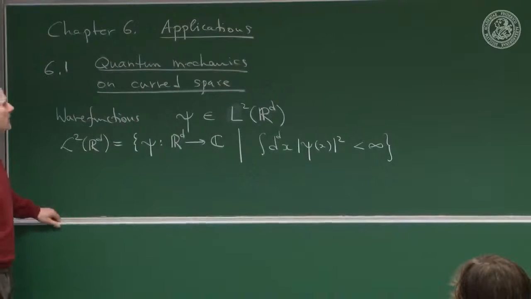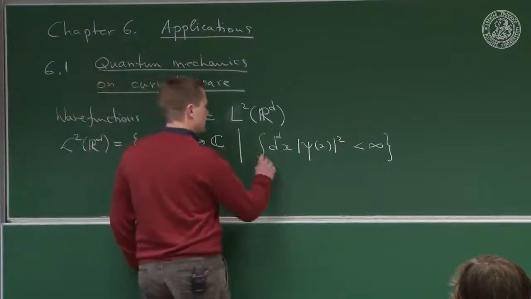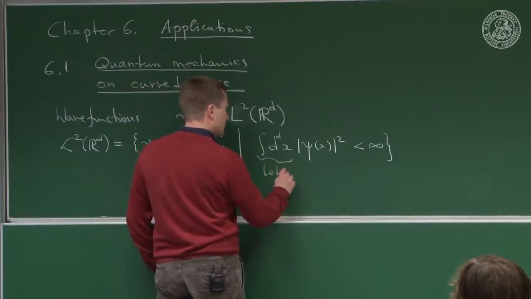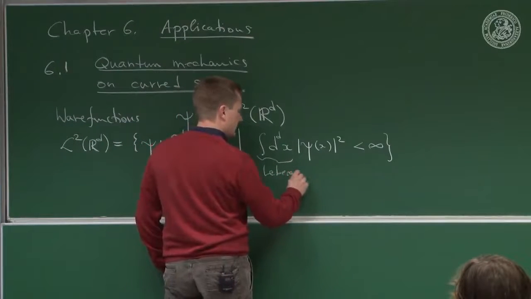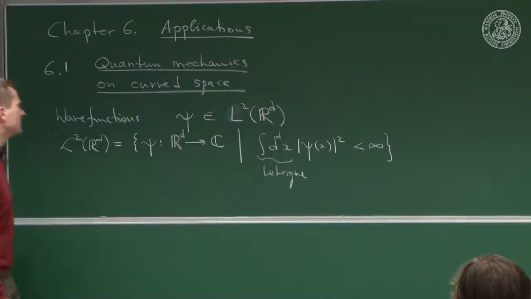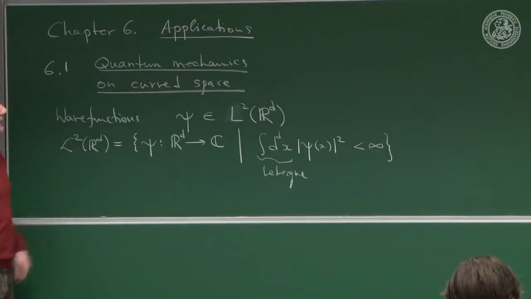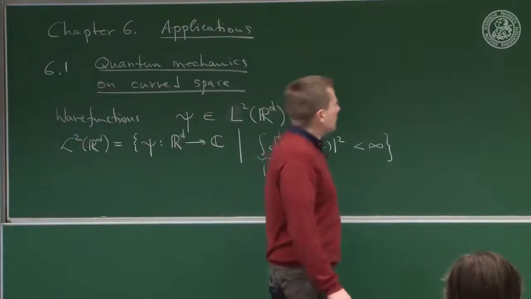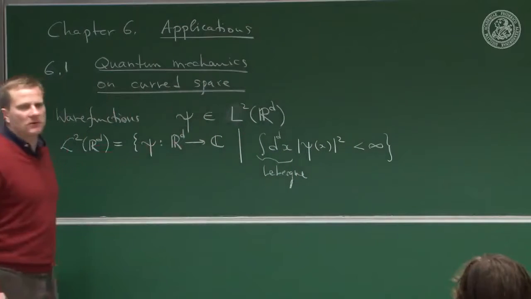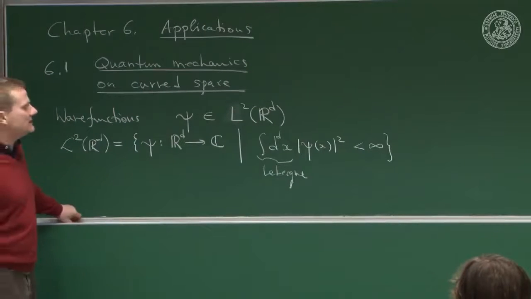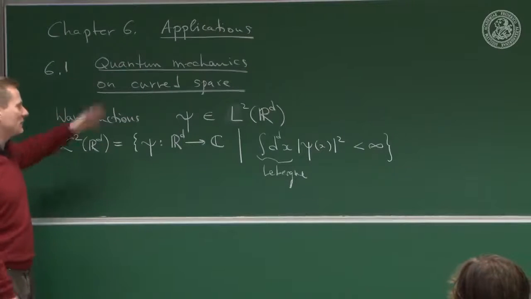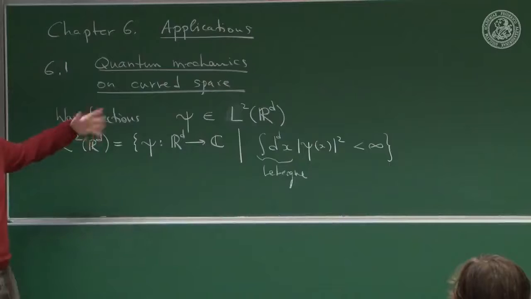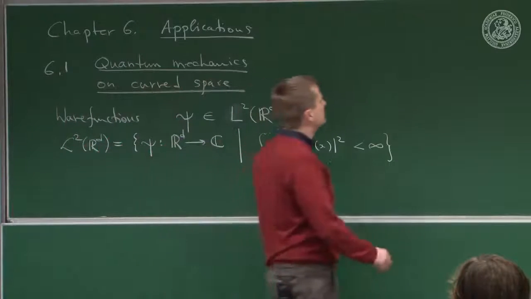So this is one of the issues. The other issue is that here you need a Lebesgue integral in order to make this really work, rather than a Riemann integral, and so on. There are lots of things to be said, but this is far from all the subtlety one needs. I only mention this because I want to disregard it. We're not going to look into these subtleties, but they should be mentioned once.